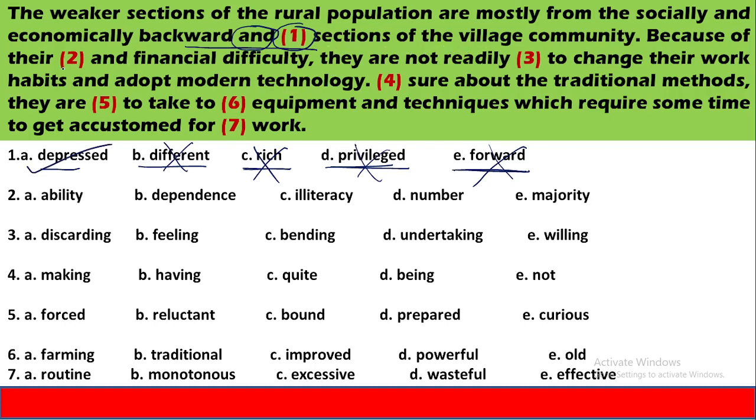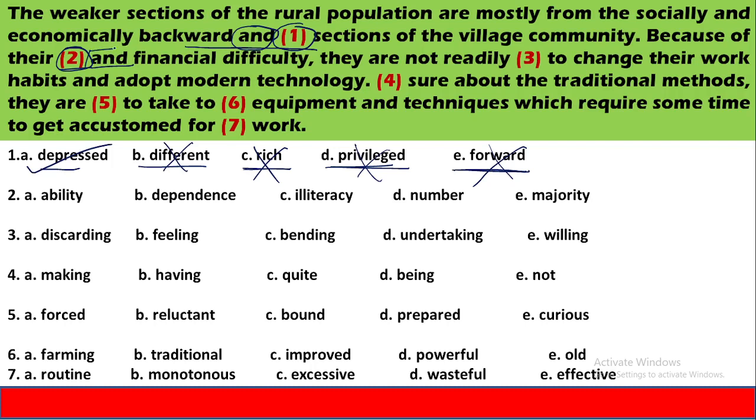Because of there is a blank and financial difficulty, they are not readily disposed to change their work habits. So again consider which word will come at number 2. Again the same concept and the same method will be applicable here.